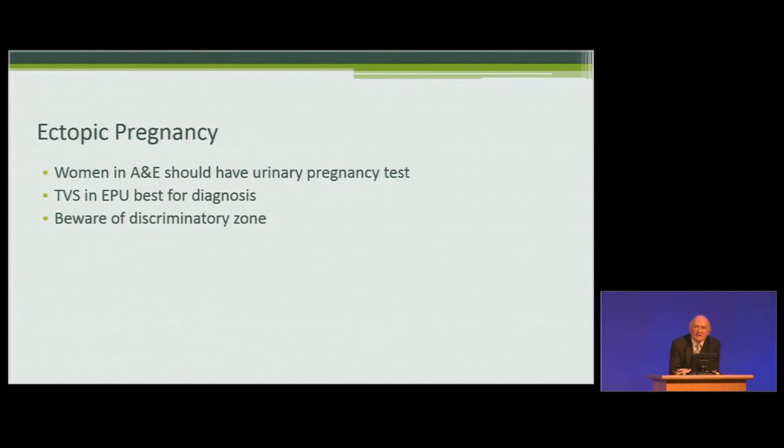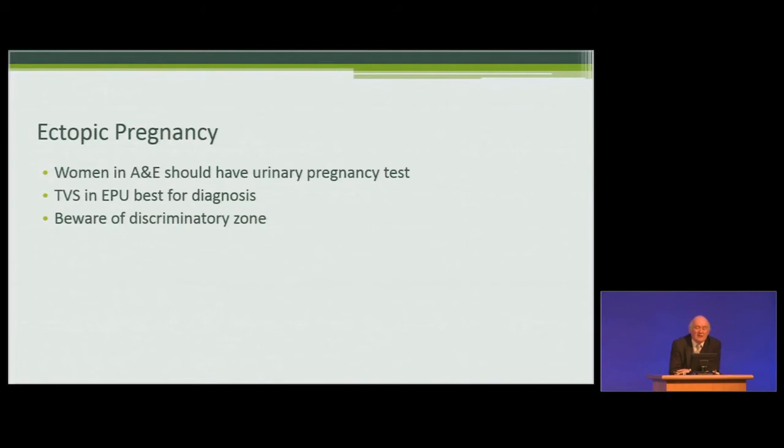It has been noticed over the last few years that as women are coming to EPUs with abnormal pregnancies, they're not always so easy to see on scan. You can have women with 2,000 or 3,000 of HCG with an intrauterine pregnancy that's not seen on scan. And again, the message is really that the discriminatory zone should only be used in conjunction with the clinical findings.